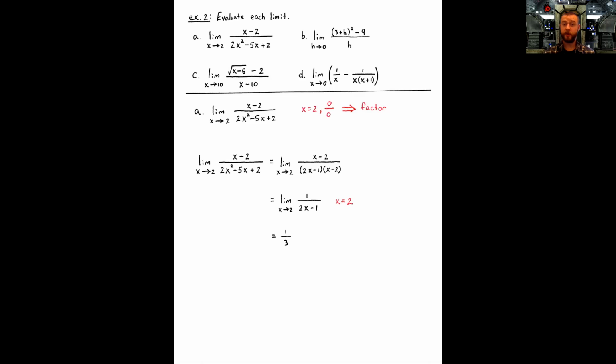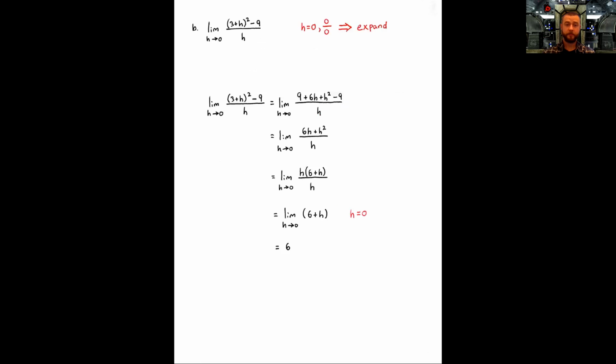All right, let's move on to going through part B. Here, the variable is a little bit different. h is the variable. Notice there's no x here. The name of the variable doesn't matter. Where we last encountered a limit as h approaches 0 was our introduction to calculus, where we said h was the distance between the 2 points, which when that distance becomes small, the secant line approaches the tangent line.